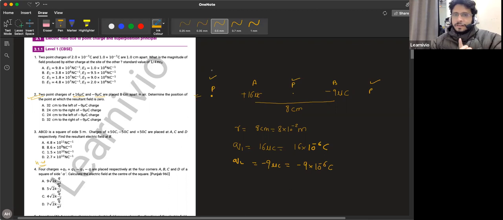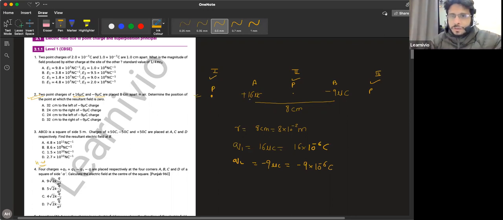To get the region, region 1, region 2, or region 3, in which this point can exist, you have to decide the direction of field. At point P, the fields due to both the charges will cancel each other. Fields can only cancel if they're acting in opposite directions. So the first step is to decide the direction of field. If the directions are opposite, they will cancel out each other, otherwise they will get added up.